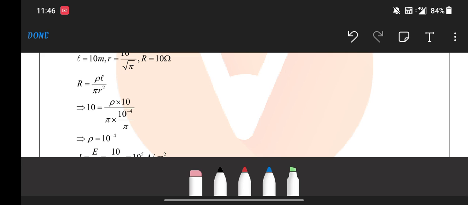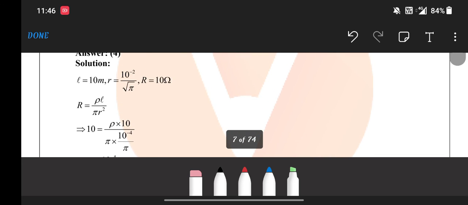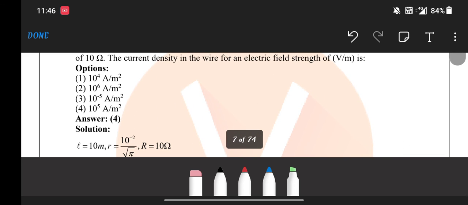So 10 is equal to rho into 10 by pi into 10 to the power minus 4 by pi. So therefore rho is equal to 10 to the power minus 4. So J is equal to E by rho, that is 10 by 10 to the power minus 4, equal to 10 to the power 5 ampere per meter square. So option 4 is the answer for question number 15.